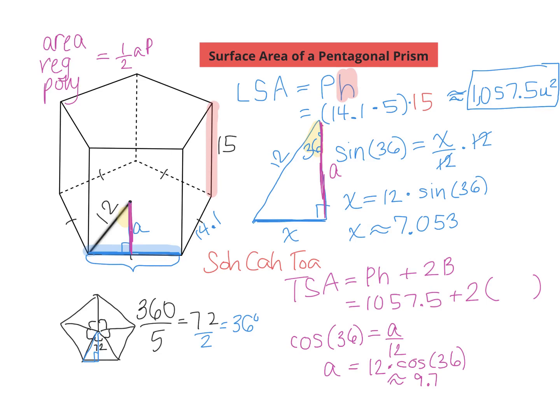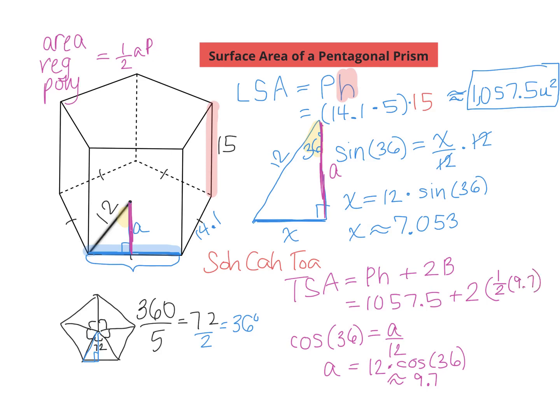So area of my base, let me just erase this right here. Okay, that way I can write my area formula for a pentagon. 1/2 of the apothem, which is 9.7 times the perimeter.